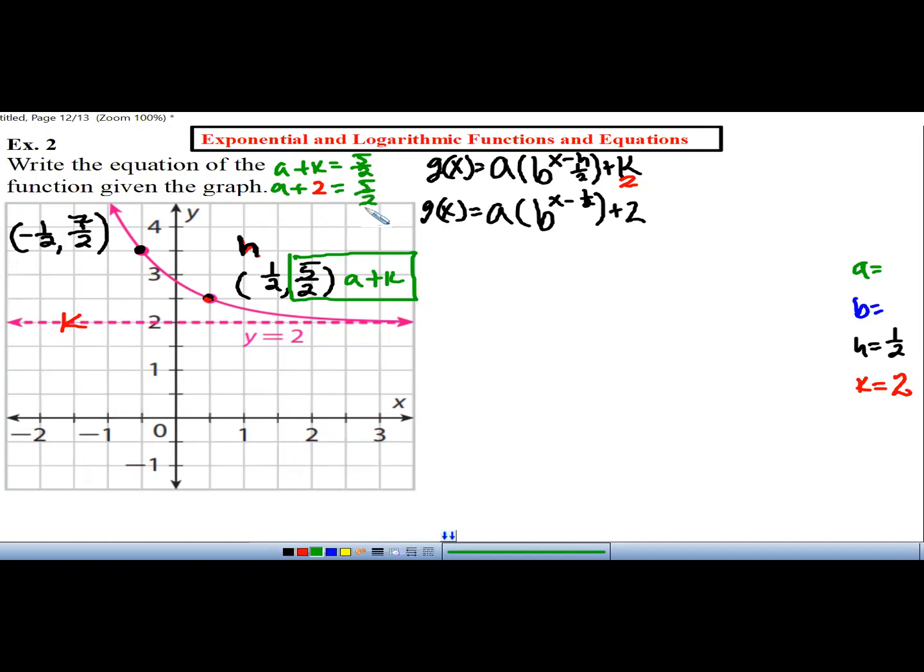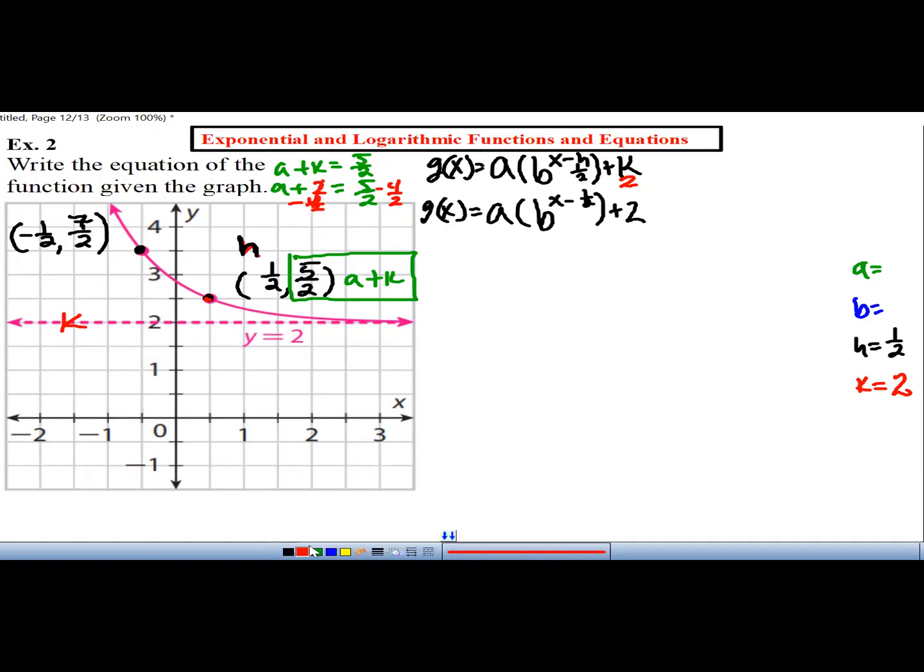But since we have halves, we need to work with halves, don't we? Yes, Mr. Q. So how many halves are there in 2? 2 has 4 halves. So I'm going to subtract 2 from each side, which means I subtract 4 halves from each side.